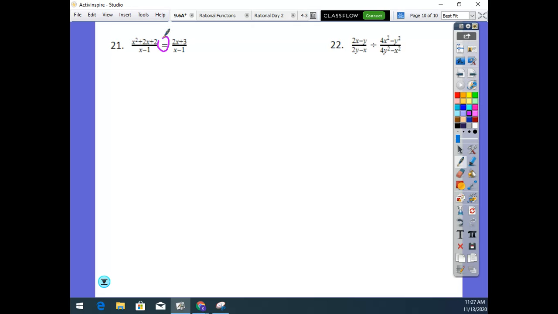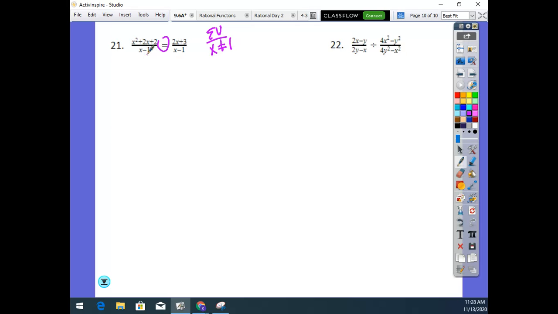Here we have an equation. So I'm looking for my excluded values. x cannot equal 1 because that creates a 0 in the denominator. Now, let's think about this. What would make this equation true?